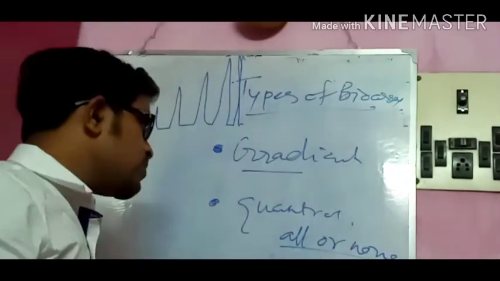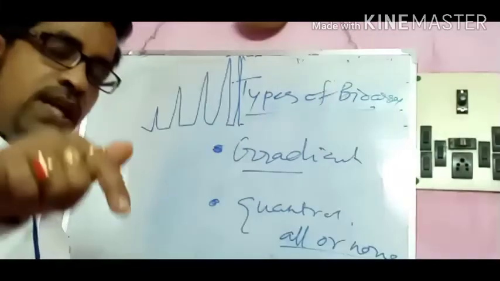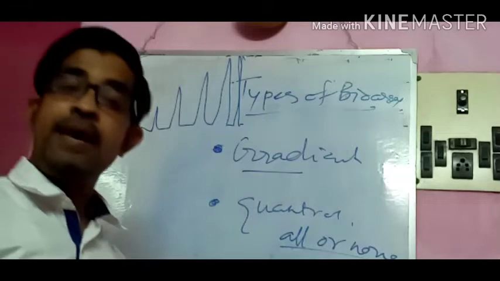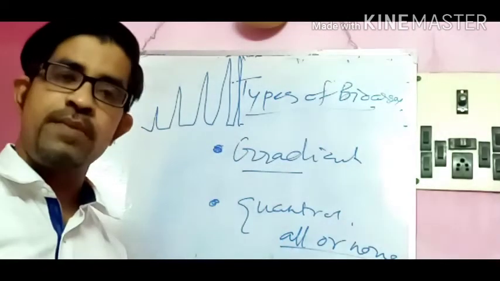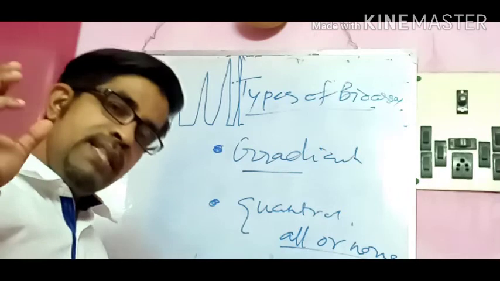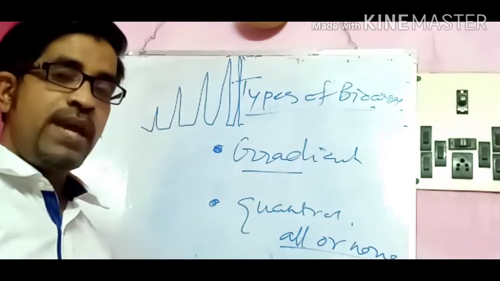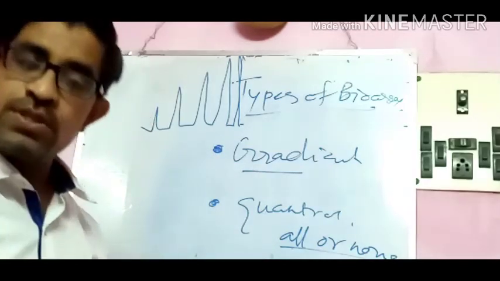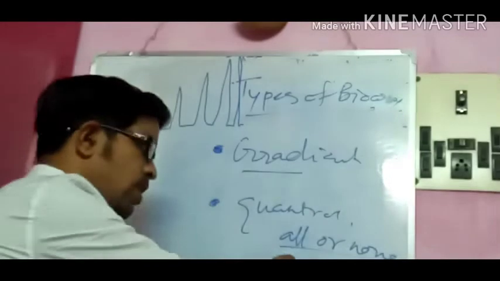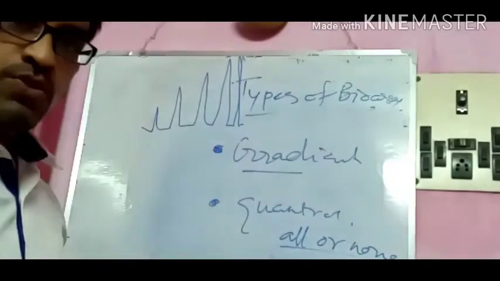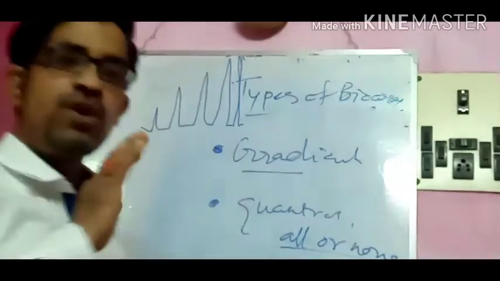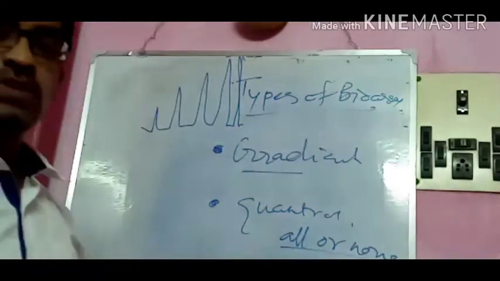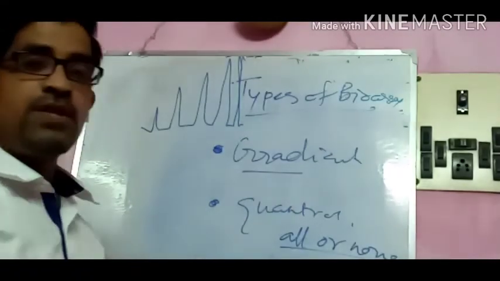If you give something else which doesn't have anti-diabetic activity, it will not reduce the glucose level. So if you give a drug in a diabetic subject and it reduces the sugar level, then it is all. If it is not reducing the sugar level, this is none. Means here yes or no phenomenon: whether it will produce the action or it won't produce the action. This is called the quantile method of bioassay.